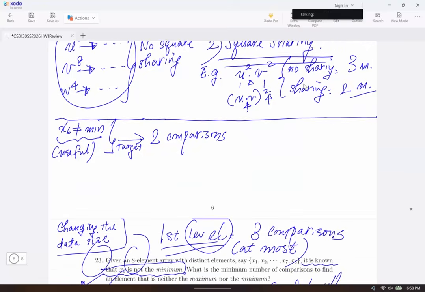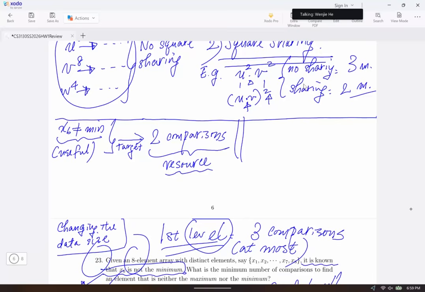The question is, how to do it? Then the analysis part, the thinking part. Here, these 2 comparisons are our resource. A very precious resource, so we should not waste it.